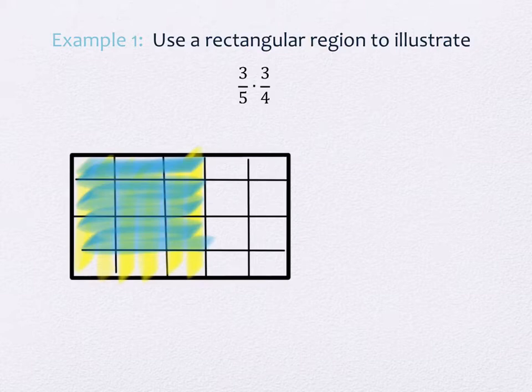And the question is, this sort of double shaded region, how much of the original cake did we actually have left over? And we can count. So how many of my boxes are, in essence, double shaded? 9 of them. Okay, 9 pieces remain. But how many pieces were in the original cake? 20.